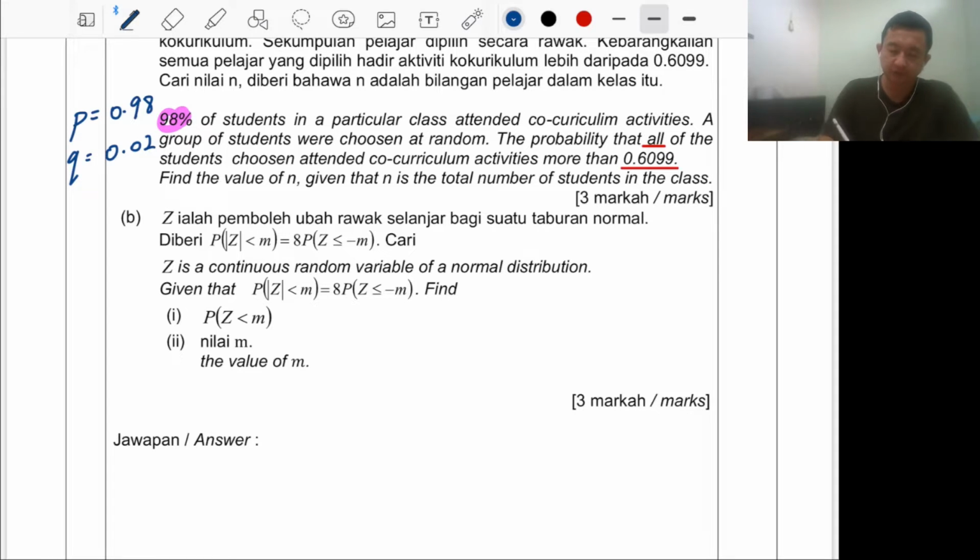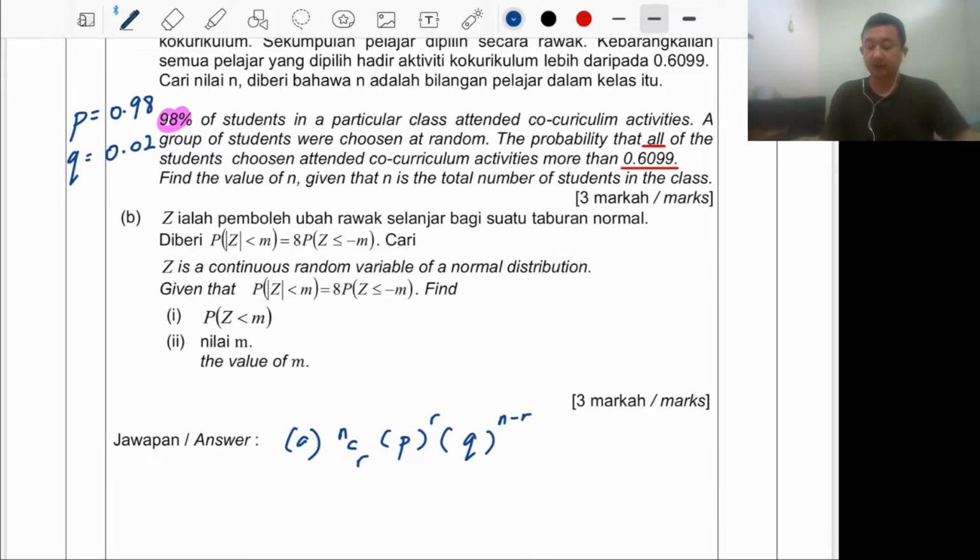So you have to use the formula. You have to know that this is a probability. It's a binomial distribution, so you have to use the formula of nCr, P the success rate with the power of r, and Q the failure rate. In binomial distributions, you have to know another keyword will be all.